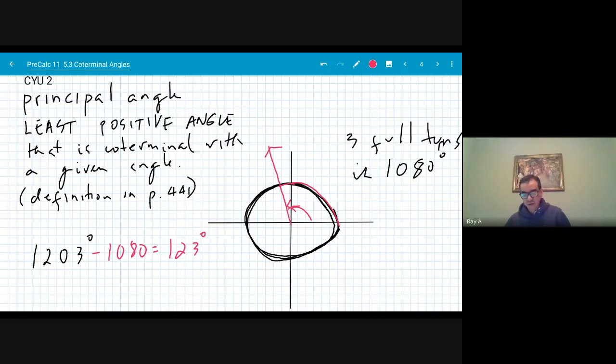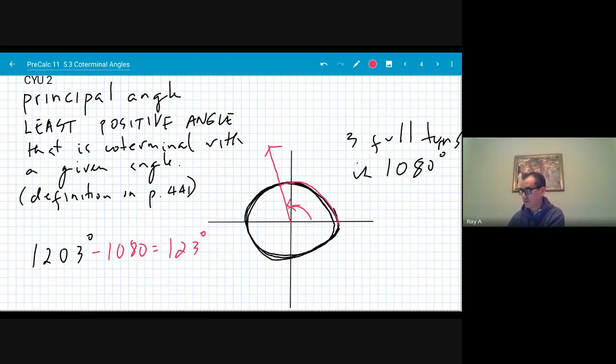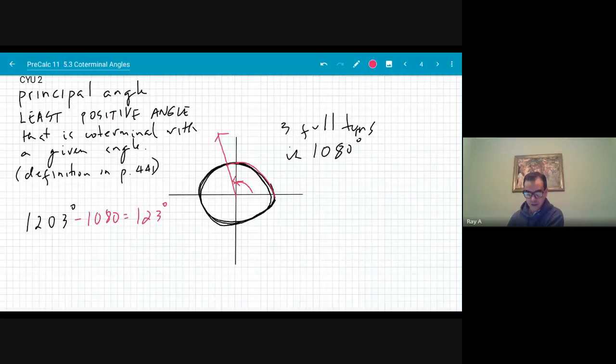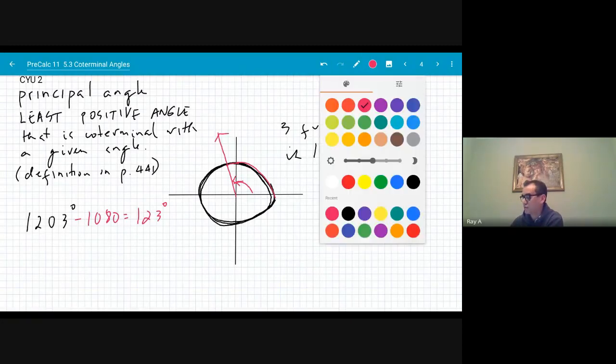Now, for letter B, find the principal angle to write an expression for the measure of all the angles that are coterminal with 865 degrees in standard position. So this is what we're going to do.